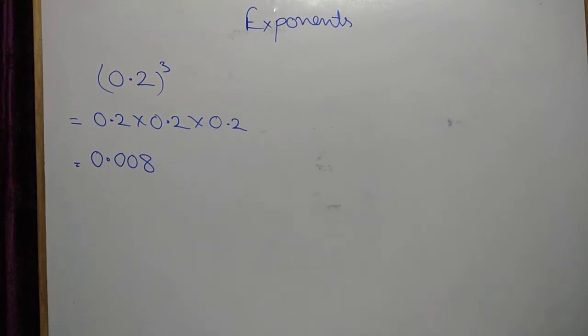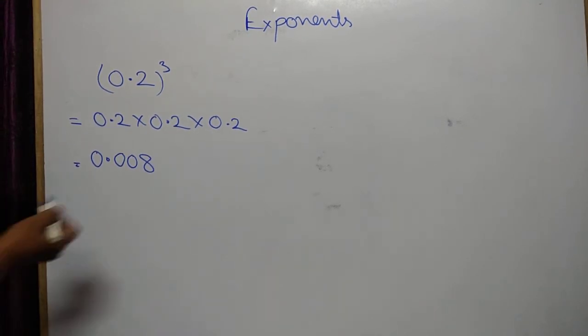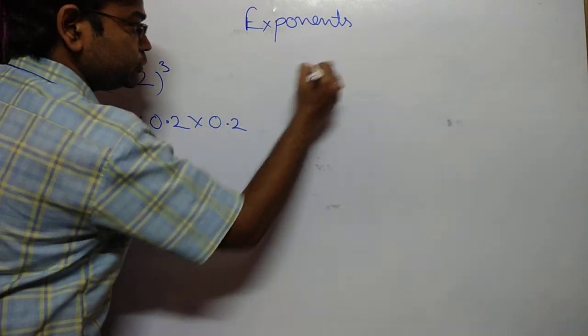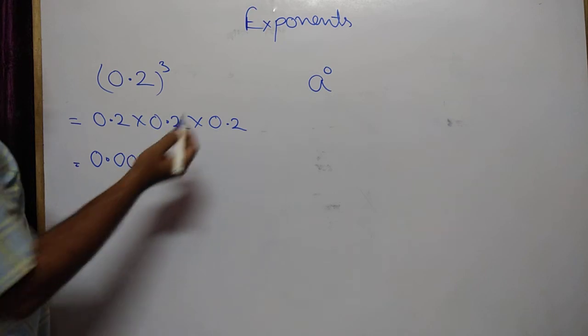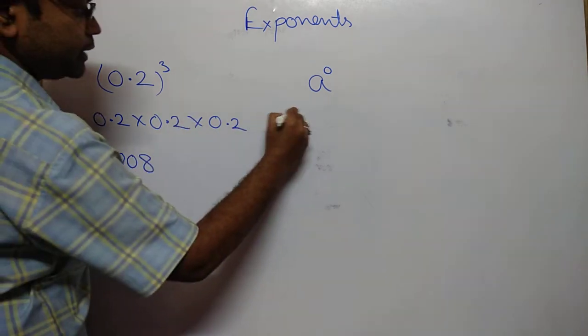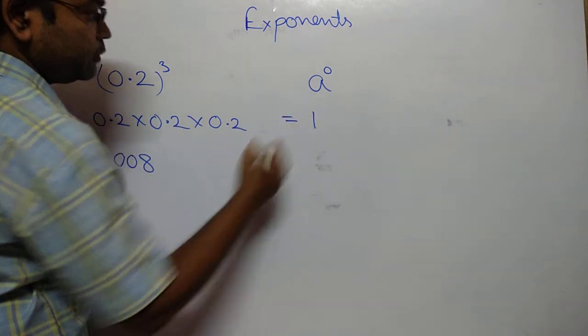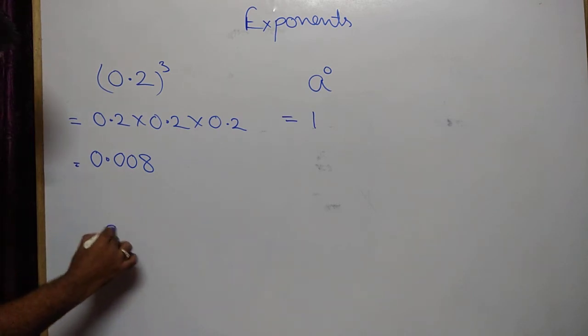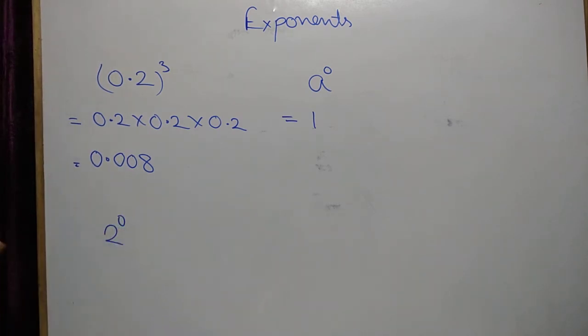Sometimes we are given something to the power 0. If this type of condition occurs, always remember that something to the power 0 is always equal to 1. Suppose 2 to the power 0.